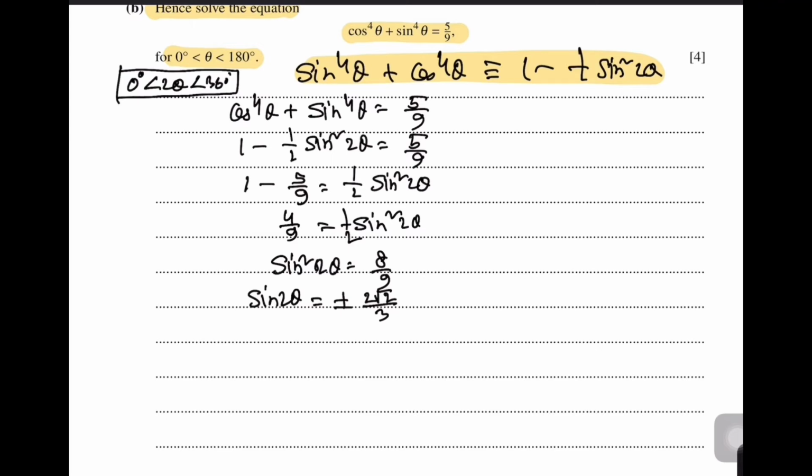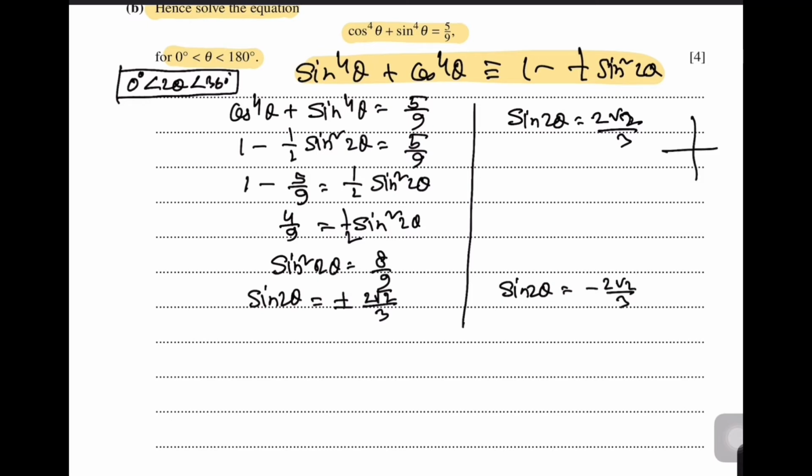So there will be two equations. Sin 2 theta equals 2 root 2 divided by 3, and another one is sin 2 theta equals minus 2 root 2 divided by 3. In the first, since it is positive, it lies in the first and second quadrant.